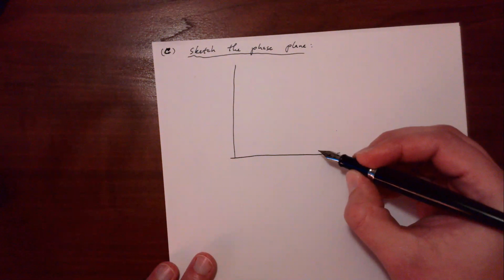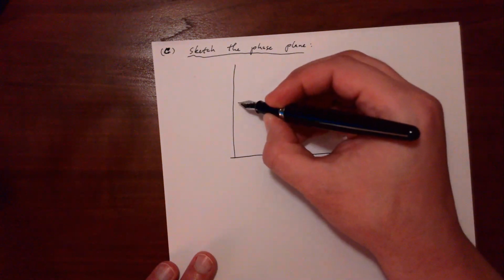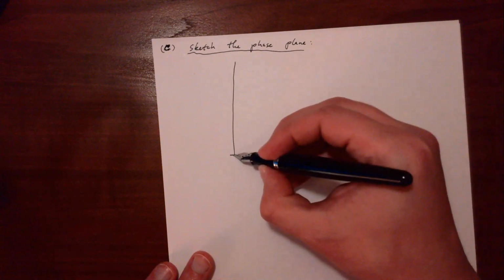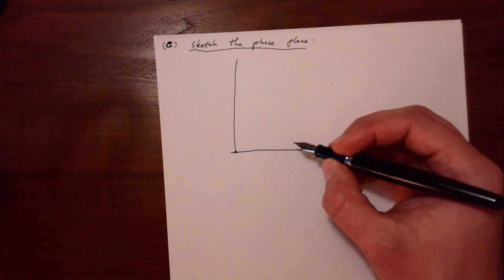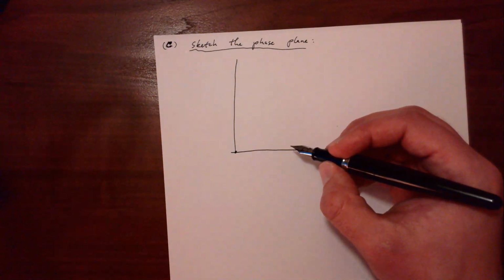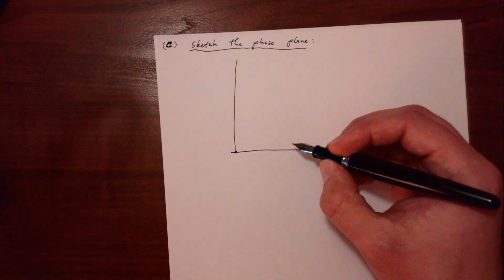And we'll put in the values that are of note here. One good way to get this started is to start by just plotting the equilibrium points, and then use those to help you sketch the Noclines.